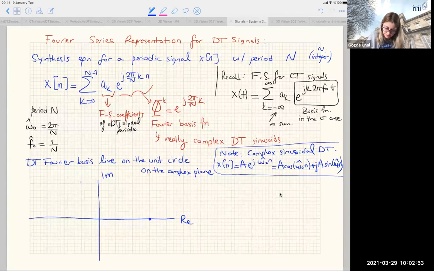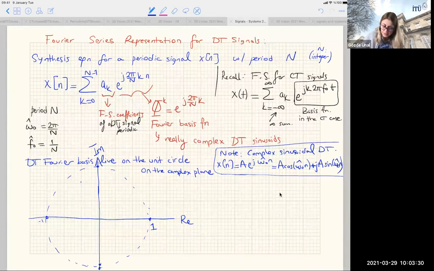This is the imaginary axis, this is 1, and this is -1. They will live on the unit circle. This is like the envelope.